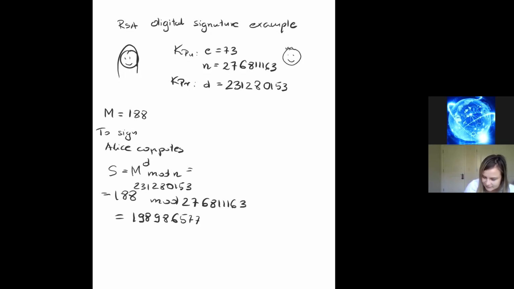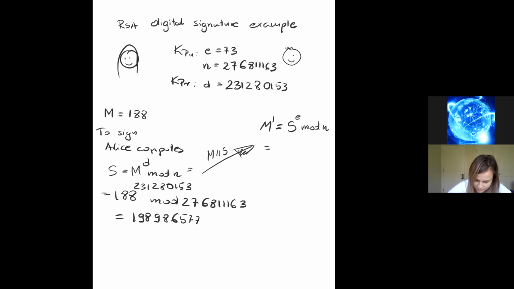So Alice sends to Bob the message together with the signature, and Bob, to verify the signature, computes M prime as S to the power e modulo n.